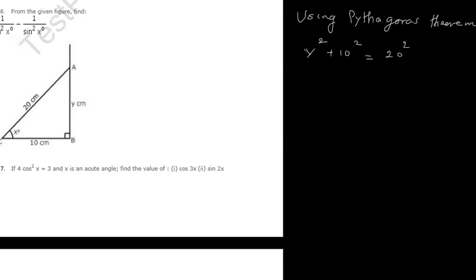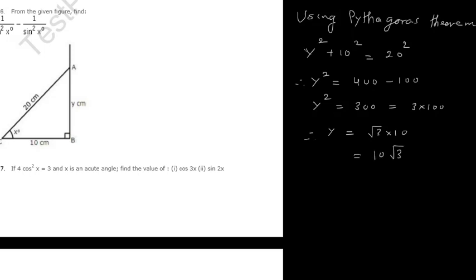So therefore we get y square is equal to 400 minus 100, which is 300. 300 means 3 into 100, right? Why I am writing this? Because this will help me to get the value of y, which is root 3 into 10. We take the square root of 3 and 100. So this we can write as 10 root 3. So in this triangle we get the value of y, which is equal to 10 root 3.